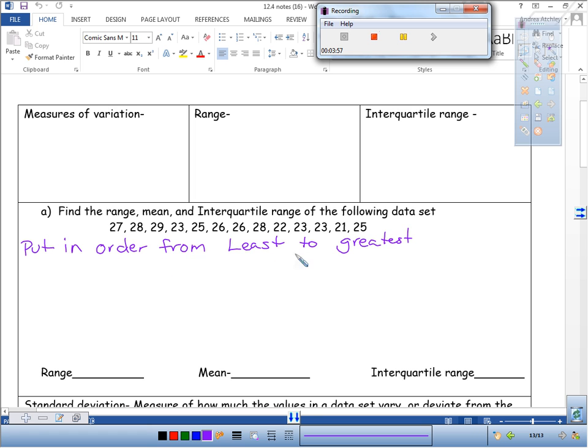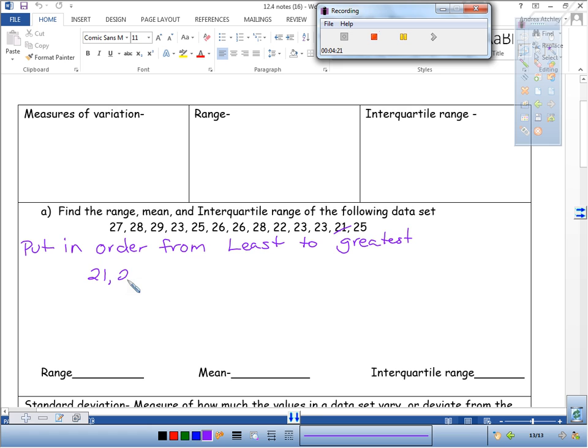These are ages of Olympians. So we want to look at the average, the range, and the interquartile range of the ages of Olympic athletes. So 21 is our first one.